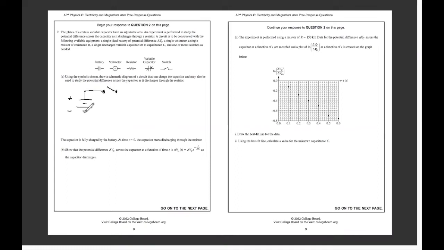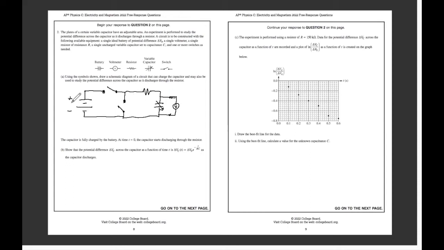I am going to have 2 switches. I am going to have an empty branch with just a switch. That might seem unnecessary, but I'm going to explain why in just a minute. And then I'm going to have my resistor, and then I will have my variable capacitor. In addition to that, because I want to study the voltage across the capacitor, I should put the voltmeter in parallel with the capacitor.